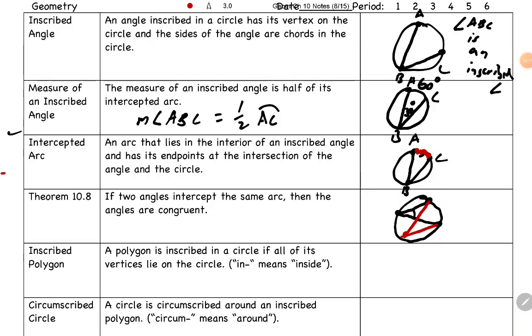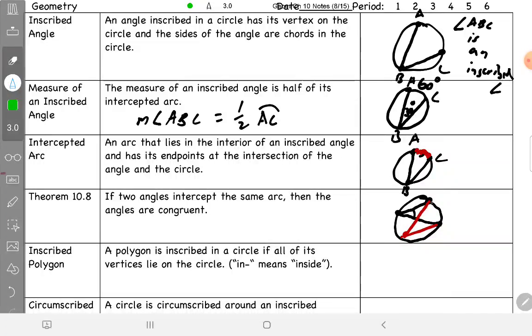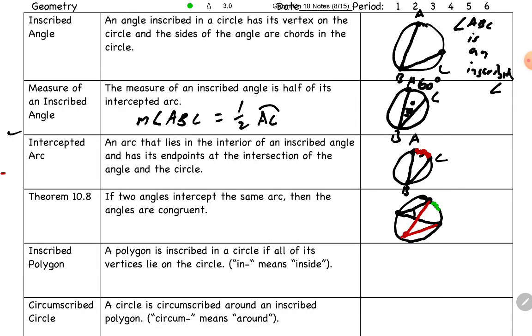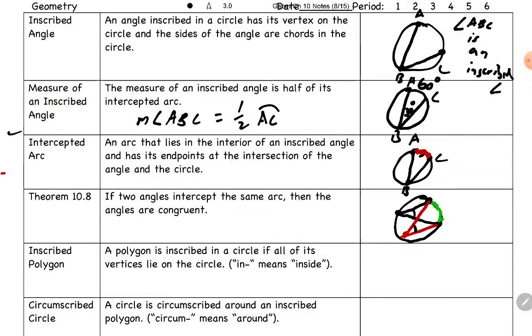Notice how they both share this arc right here. If you compare the red and the black, they both share this arc. So if they both share the same arc, that means their angles are congruent. So that angle is congruent to that angle.